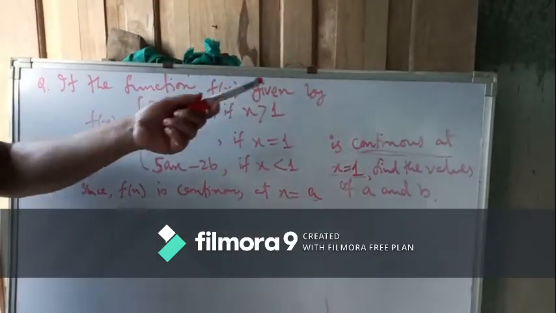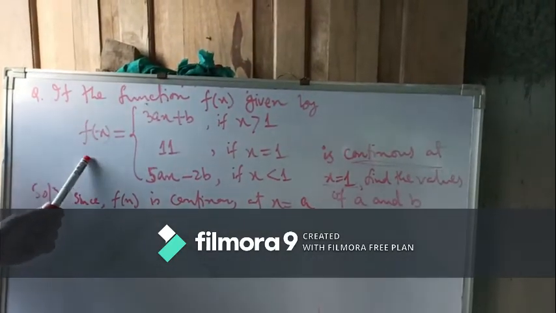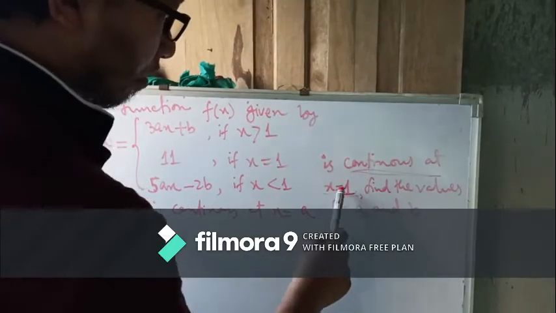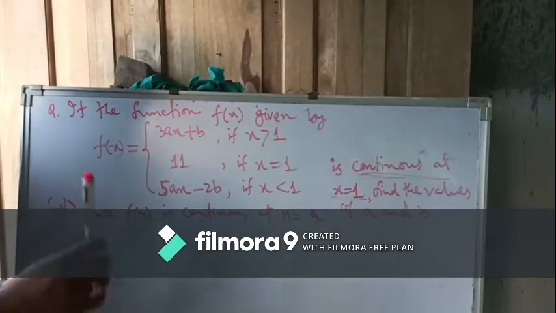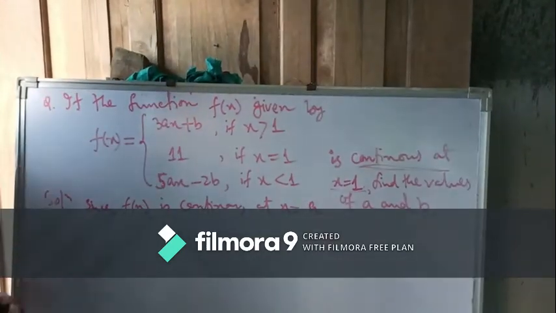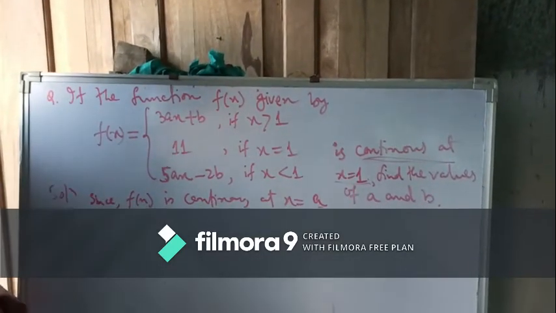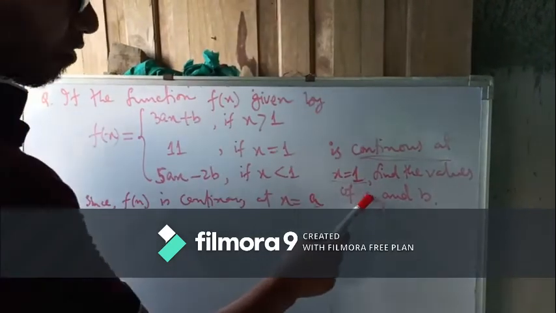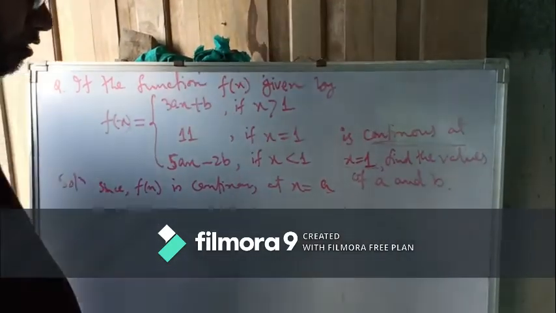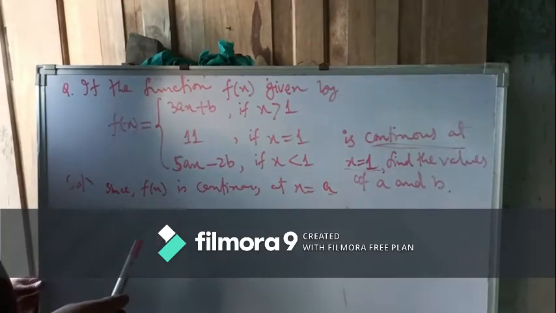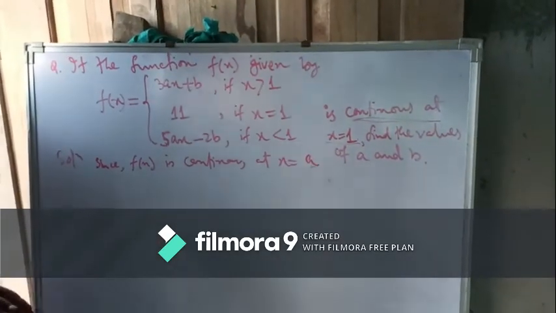If the function f(x) given by this is continuous at x equal to 1, find the values of a and b. We will proceed in the same way that we have done in the previous question, but you can see here that we have to find two values, a and b. As we have to find two values, it will be better for us if we write both left hand limit and right hand limit.